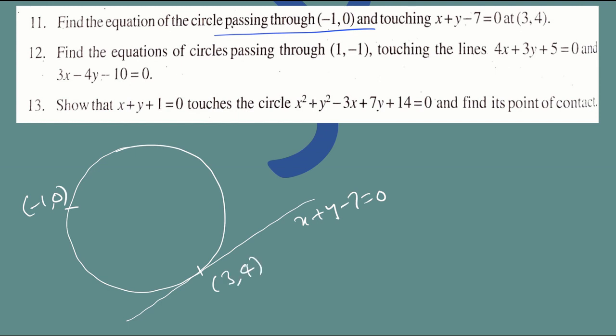Now you have to find the equation of the circle. What do you need to find the equation of the circle? Center and radius. You see I have a point on the circle. If I know the center, I know how to find the radius, simply applying distance between the points. So all that I need is the center.